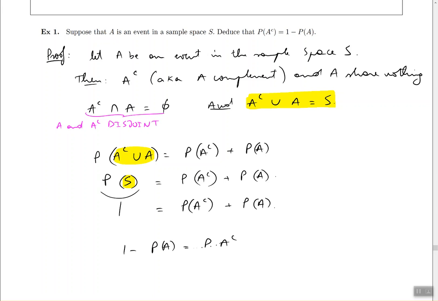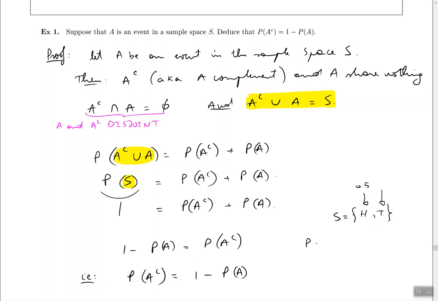Okay. In other terms, the probability of the complement of an event is 1 minus the probability of the event itself. So if you think about the sample space, which was heads or tails, if I knew that the probability of heads is 0.5, can I know the probability of tails?